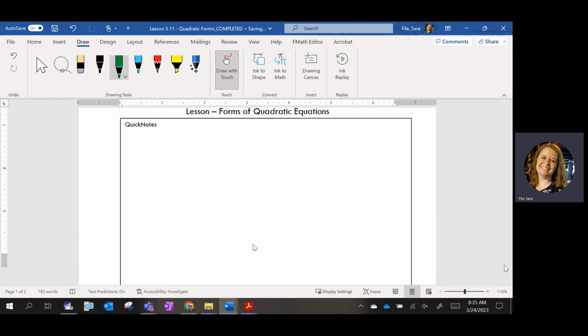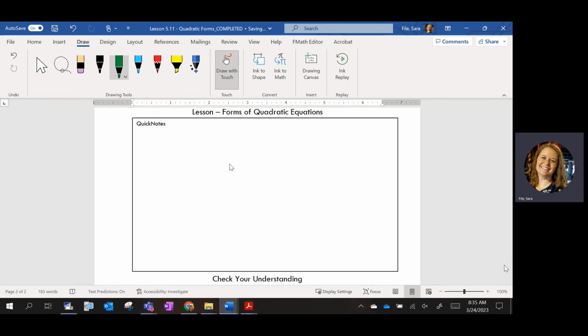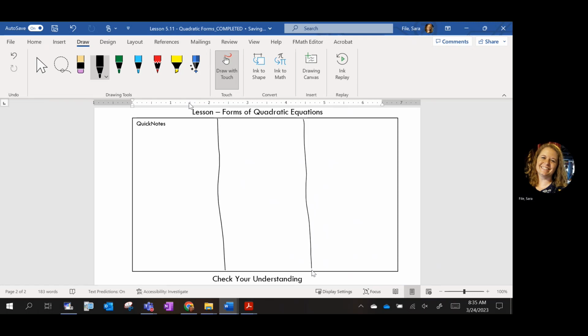we're going to fill in these quick notes. Okay, I'm going to split this into thirds because there are 3 forms of quadratic equations. So the first one we're going to talk about is vertex form.